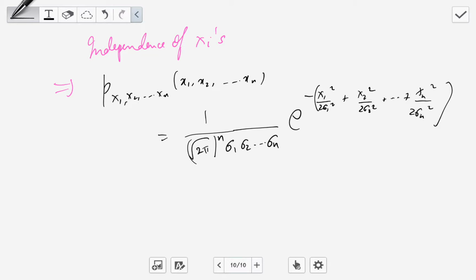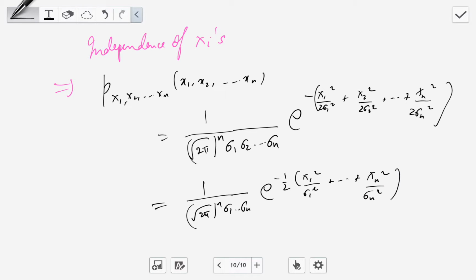So we will write this as 1 by square root of 2 pi to the power n, sigma 1 to sigma n, e to the power minus half times x1 squared by sigma 1 squared plus so on up to xn squared by sigma n squared. Okay, this is clear.